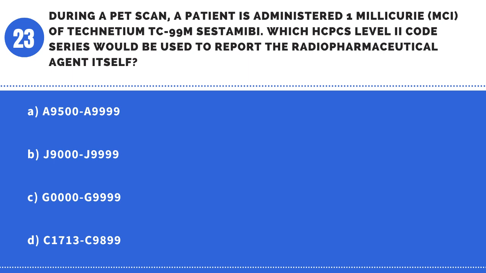Question 23. During a PET scan, a patient is administered 1 millicurie, MCI, of technetium Tc99M sestamibi. Which HCPCS Level II code series would be used to report the radiopharmaceutical agent itself? A. A9500 A9999.